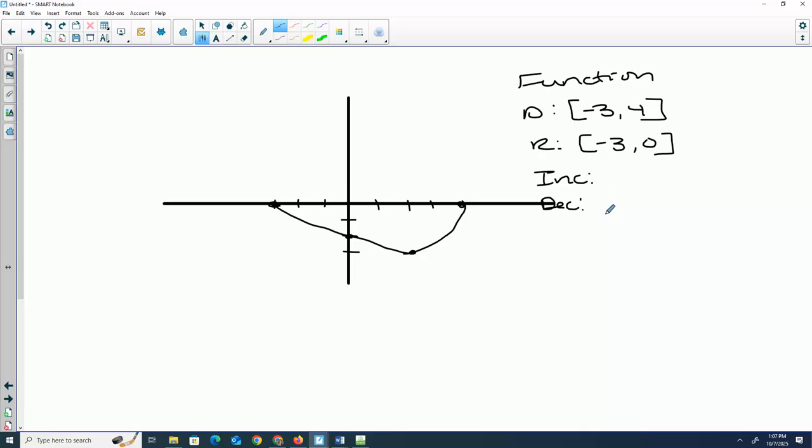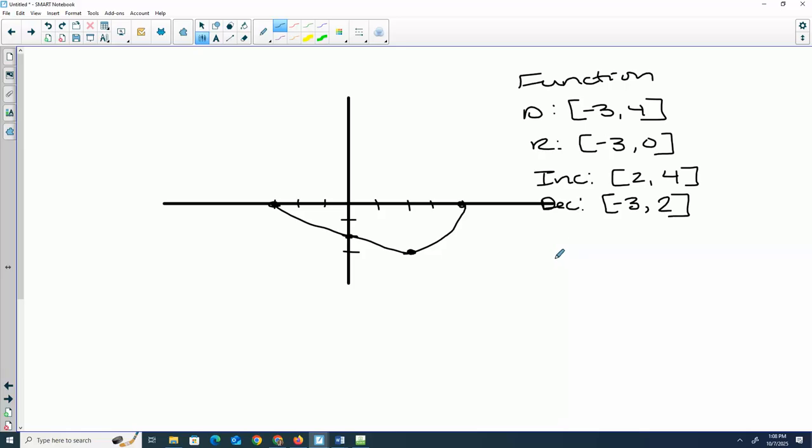Decreasing. You give me the x's. So it doesn't matter if you do parentheses or bracket on this. You could say it's starting at -3 and it decreases until I get to what x value? Then what happens after 2? Increases from 2 to 4.